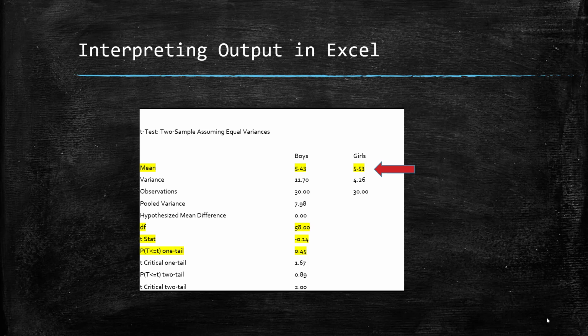And when you run that descriptive statistics, you also get the standard deviation, which you need to report in your findings. But this right here is actually the t-test two-sample, which is the independent samples. And it does give you the mean in the output. So here you have degrees of freedom.